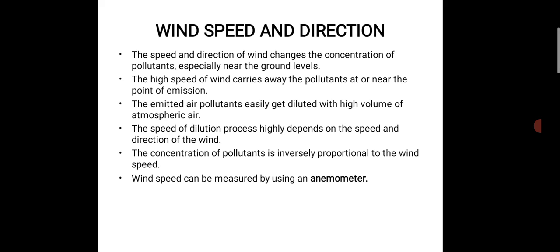The emitted air pollutants easily get diluted with a high volume of atmospheric air. The speed of the dilution process highly depends on the speed and direction of the wind. The concentration of pollutants is inversely proportional to the wind speed. Wind speed can be measured by using an anemometer.